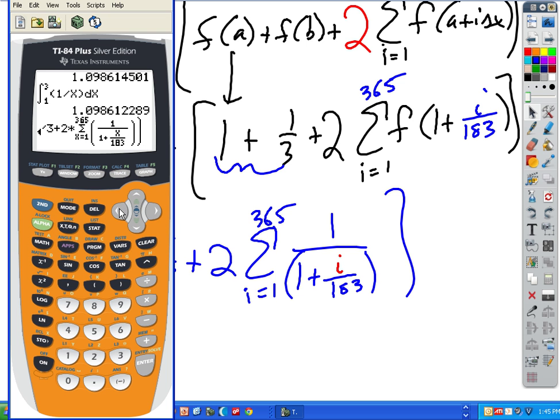Okay, and then what else would we have changed? Then that went out in front. Oh, and the 365 would have been a 19, right? And then the multiplier would have been 1 over 20, right?